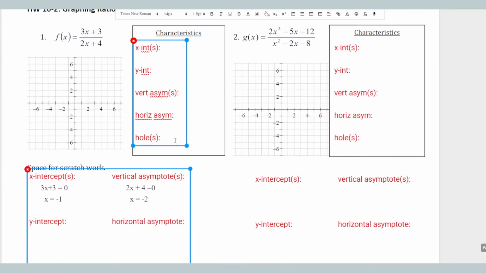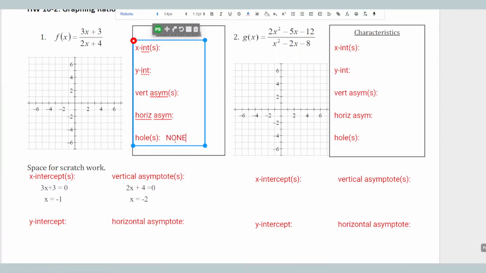So there's no holes. There is an x-intercept at -1, 0, and there is a vertical asymptote along the line x equals -2. I'll start with that, and then we'll get into the y-intercept and the horizontal asymptote.